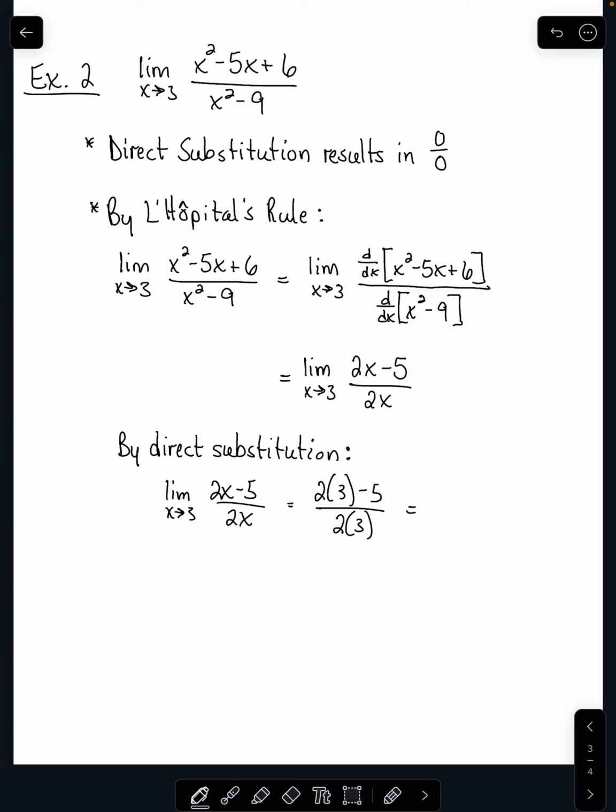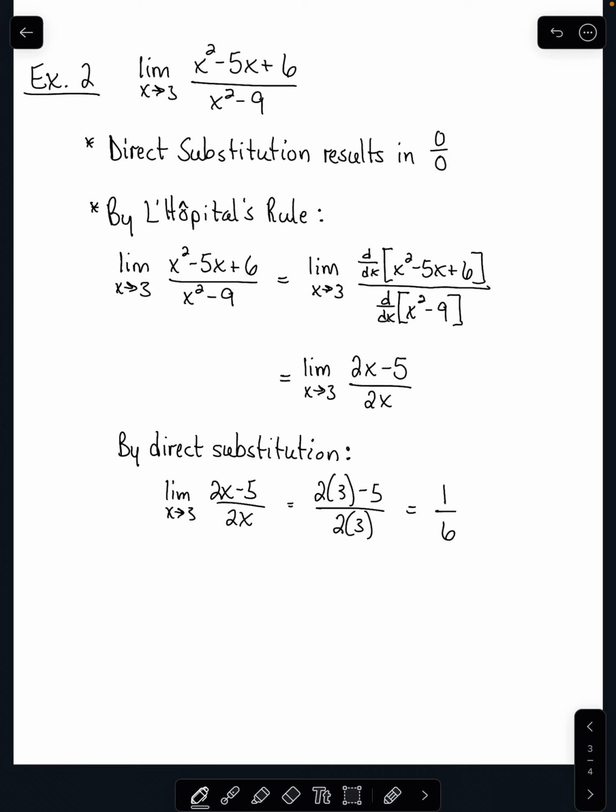In the numerator, then, 2 times 3 is 6, minus 5 is 1, and the denominator, 2 times 3 is 6. And thus we have produced the value of the limit as shown by a more familiar method just a few moments ago.